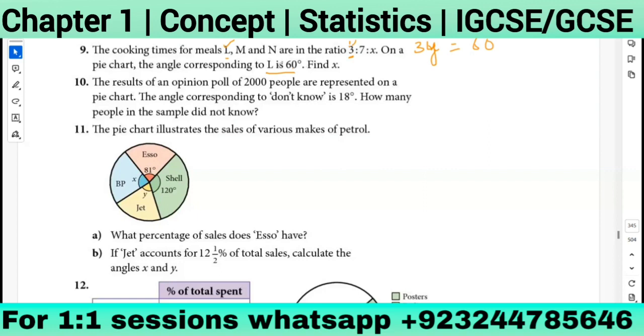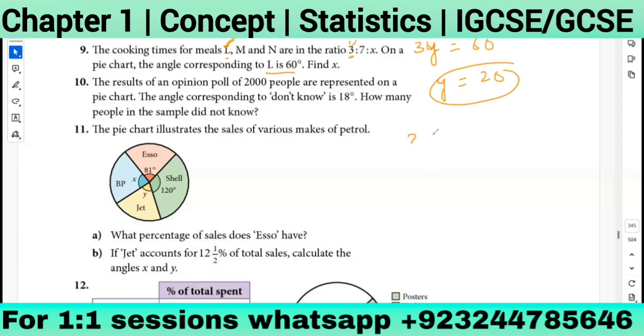Corresponding to L does not mean the angle next to L; corresponding to L is the angle which is representing L. That is 3y. So y will be equal to 20.